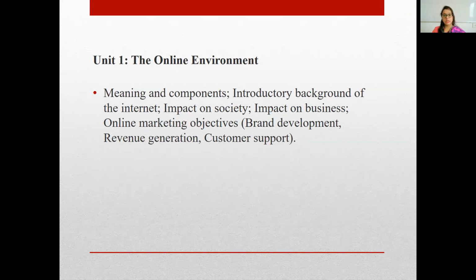So in a nutshell, we would be trying to learn how it has changed the modern method of doing business online. Then we would also be trying to understand what are the online marketing objectives, the objectives that are involved with the online marketing, which deals with the brand development, revenue generation, and customer support.